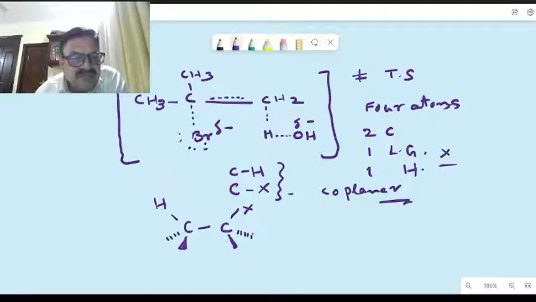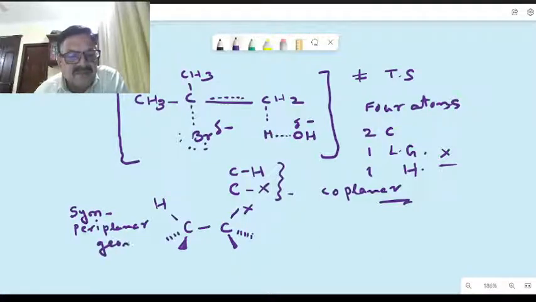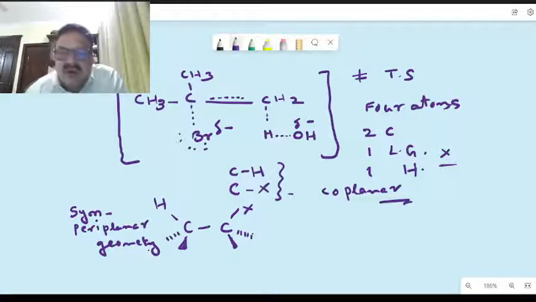Syn periplanar geometry here. So the other option is carbon and carbon in the opposite direction.